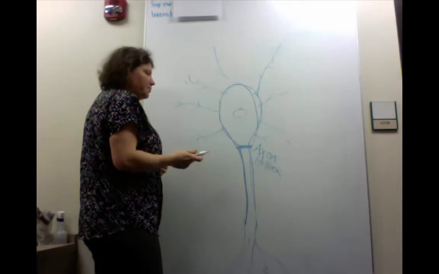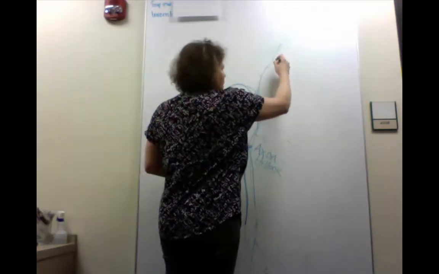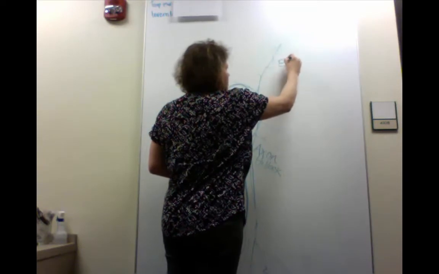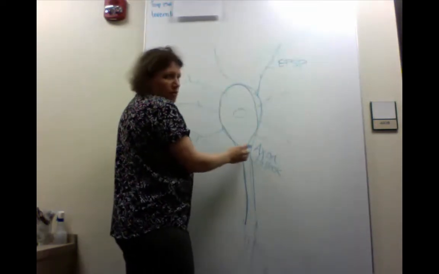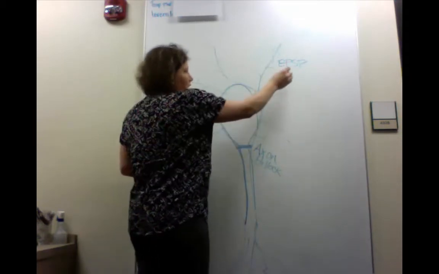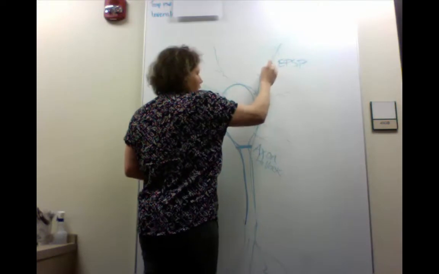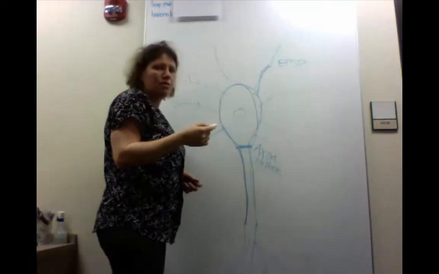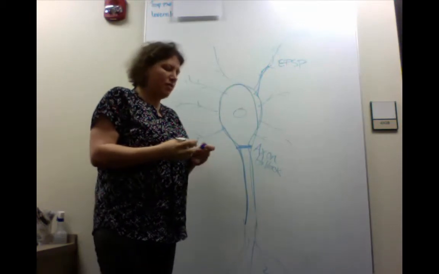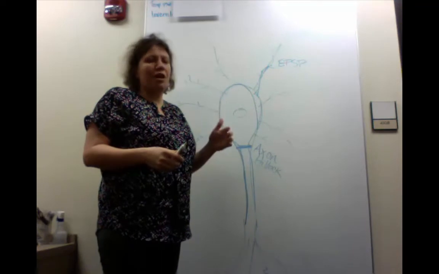So when an EPSP comes in, okay, if you have an EPSP that comes in here, it has a lot farther to get down here. So if this has to travel all the way down here, then this is going to have to fire repeatedly to cause the graded potential. And again, this graded potential is basically a membrane change.